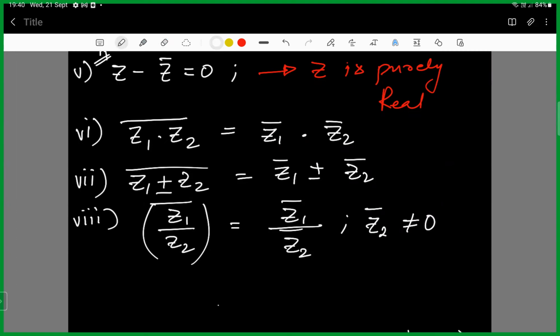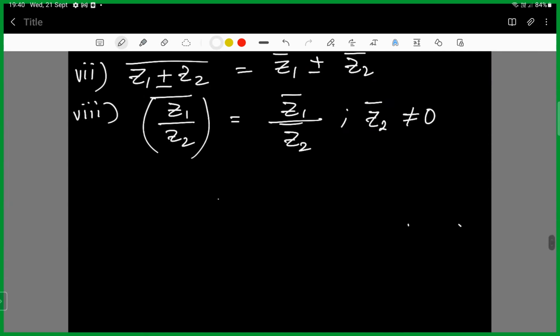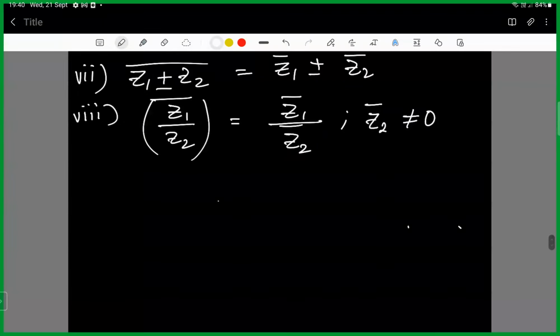We'll solve some problems. We'll see what it means if your conjugate is 0. We'll just write down the properties and we'll solve some problems based on them.